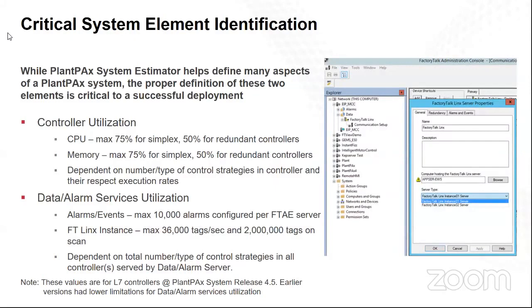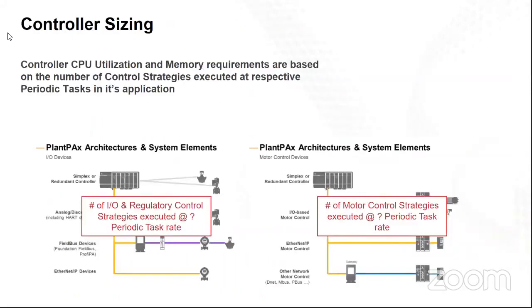Okay. I want to talk to this. So when we take a look at this, when we use the process system estimator, has anyone actually used it here before? Okay, so a lot of you aren't going to know what I talk about. There's multiple screens as you're laying out your I/O.